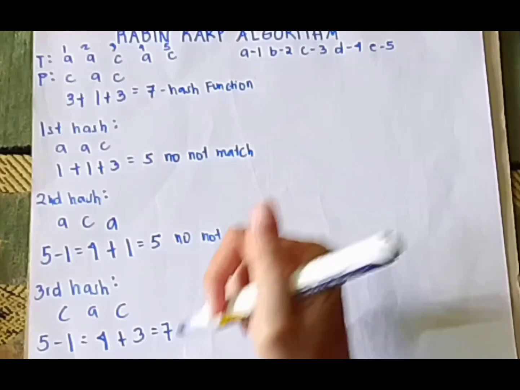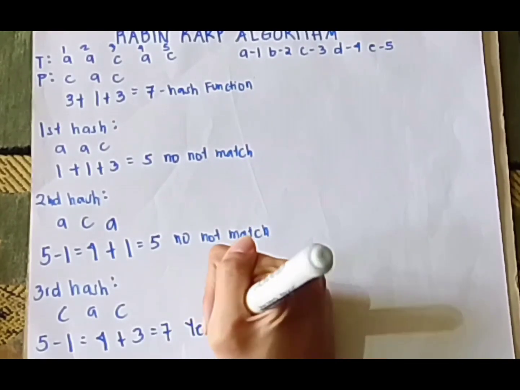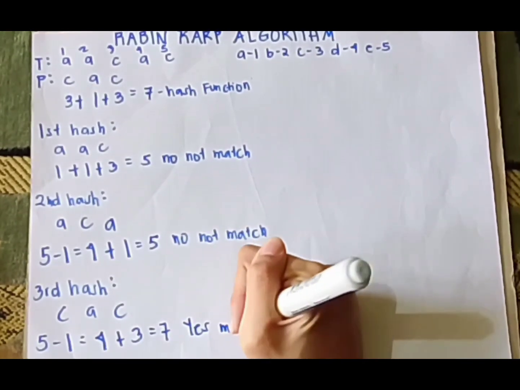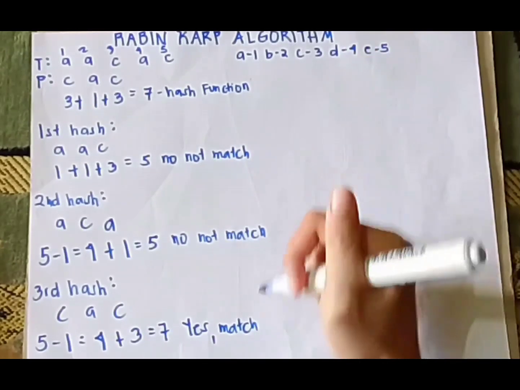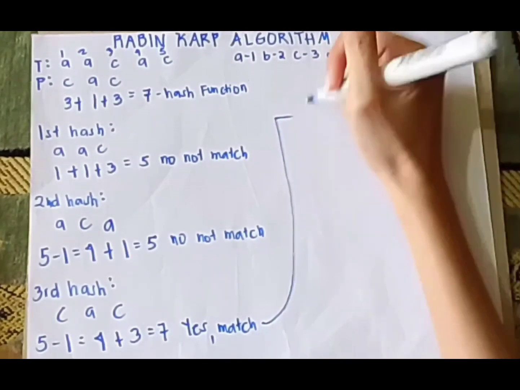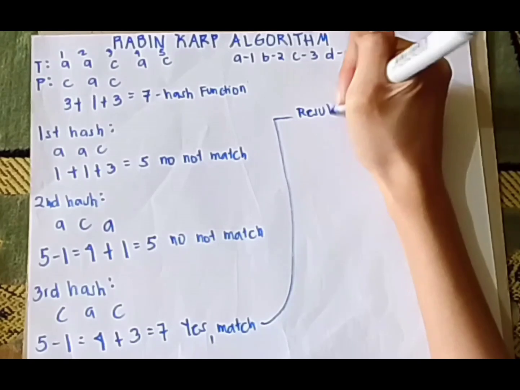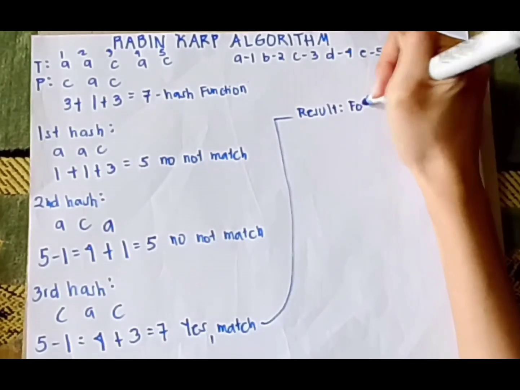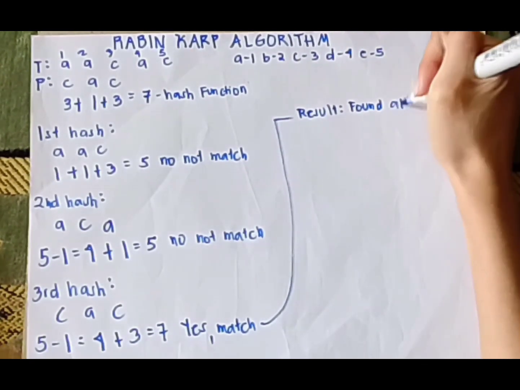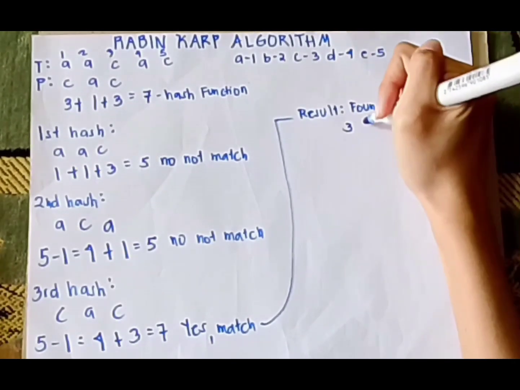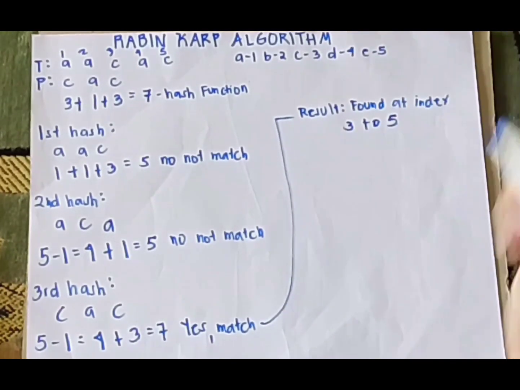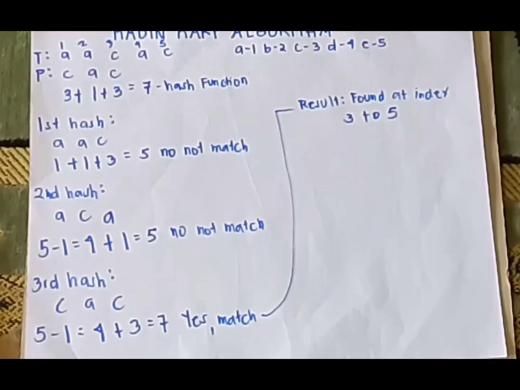The result is yes, a match. Because it is a match, we will confirm it and print the result. Now it says that CAC is found at index 3 to 5.